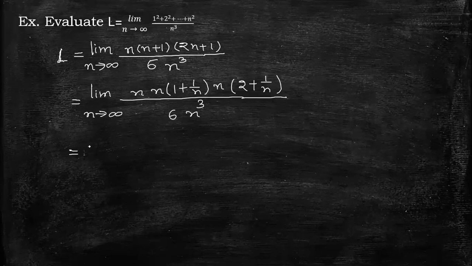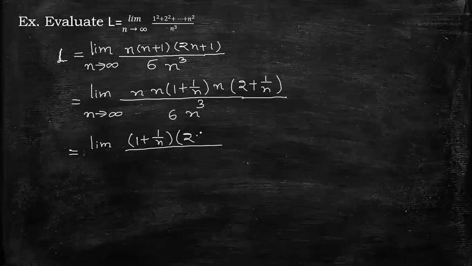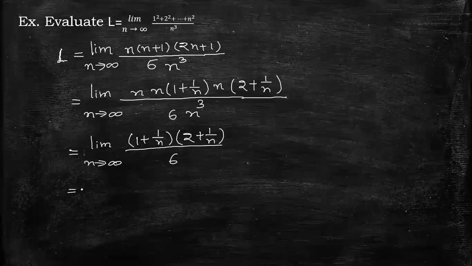So this is equal to limit of, you can see n cube cancels, so we are remaining with 1 plus 1 by n into 2 plus 1 by n divided by 6 as n tends to infinity, and this is equal to 1 into 2 divided by 6, and that is equal to 3.